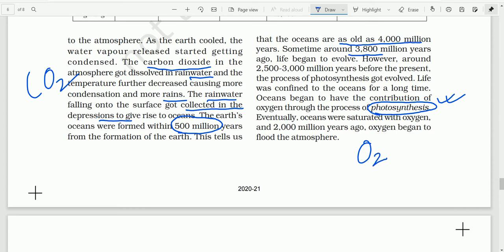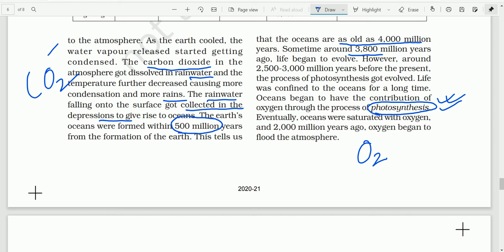The early atmosphere mainly contained water vapor and carbon dioxide, and the carbon dioxide was again dissolved by the rainwater, thus decreasing the amount of carbon dioxide in the atmosphere. So after the origin of life and plants, because of the photosynthesis process, we got oxygen.